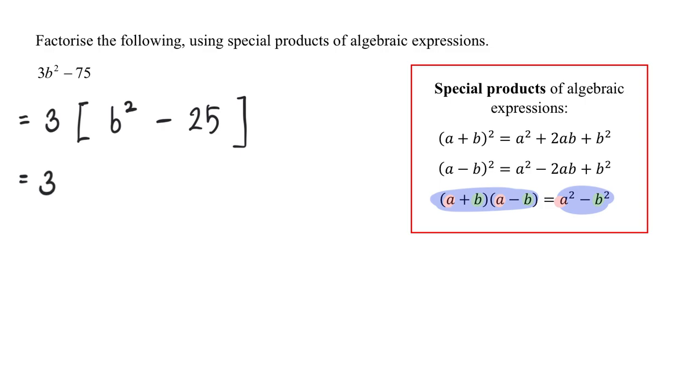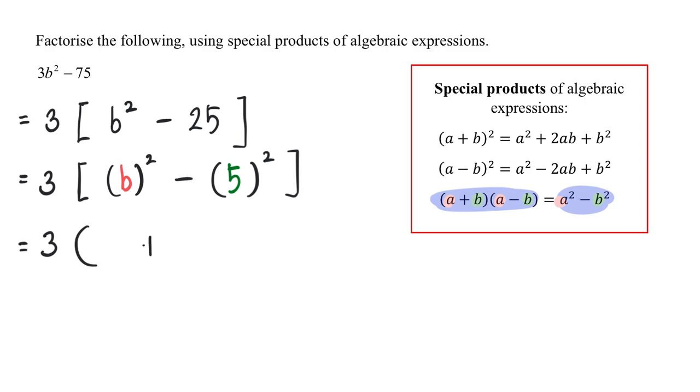And therefore, I would then be able to write it as something squared minus something squared. b times b is b squared. 5 times 5 is 5 squared. And so the final answer would be 3 (b plus 5)(b minus 5). My A is b and my B is 5.